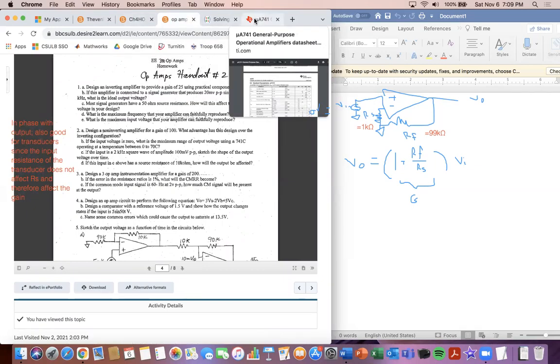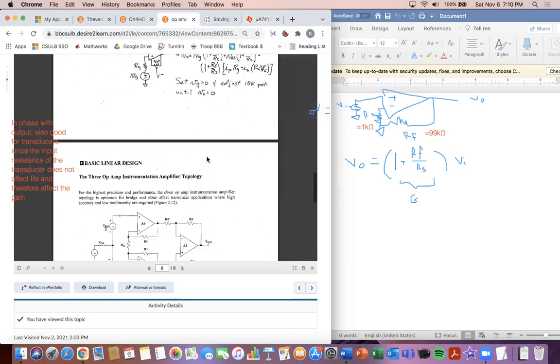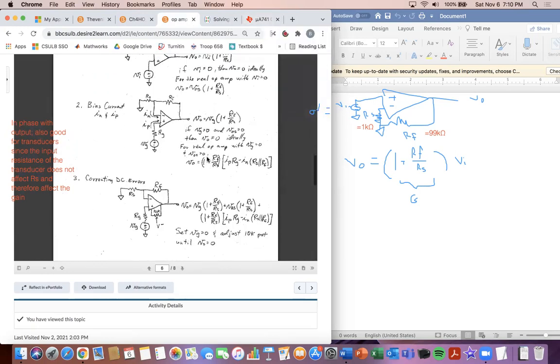So when we're doing this, what they wanted to know for this specific portion was we have to take into account all errors here. And so the errors that we're going to encounter is offset voltage and input bias current. Because if you look down here, the errors that can occur when you're using any type of op amp is you do the normal equation.